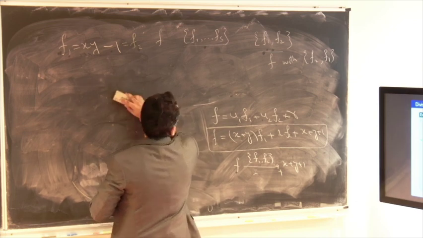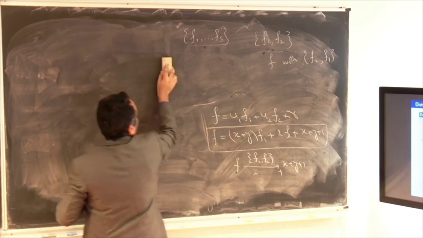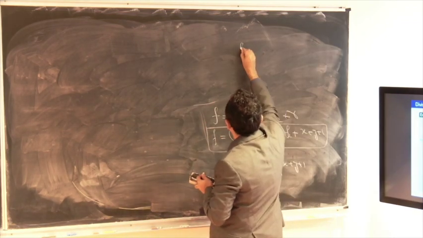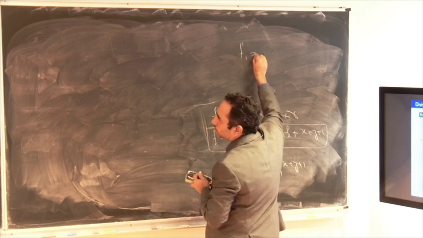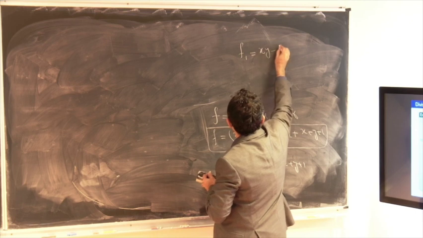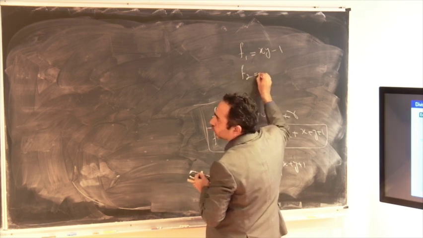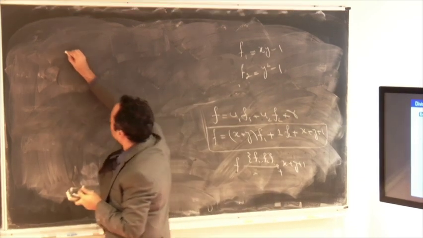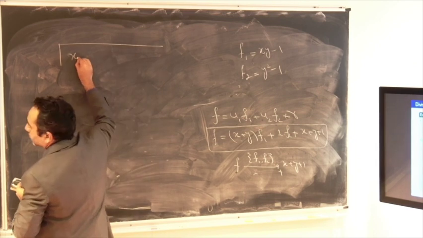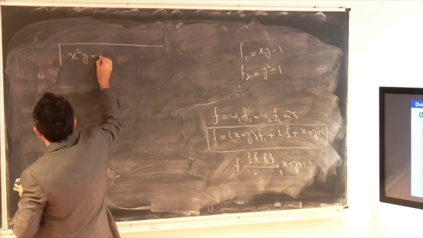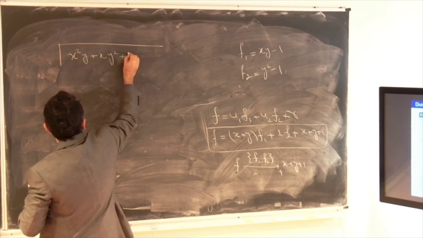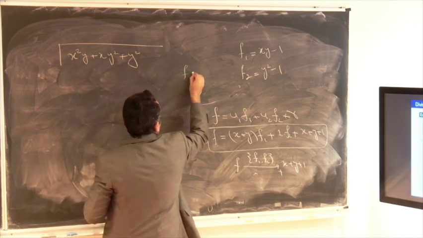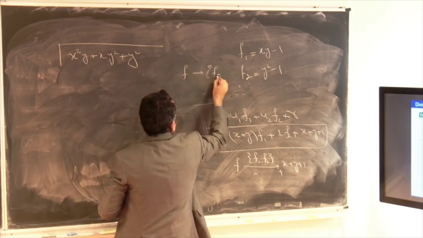Let me write f1 here. So we have f1 equals xy minus 1, f2 is equal to y square minus 1, and we have f equal to x square y plus x y square plus y square, and now we are going to divide f with our f2 and f1.